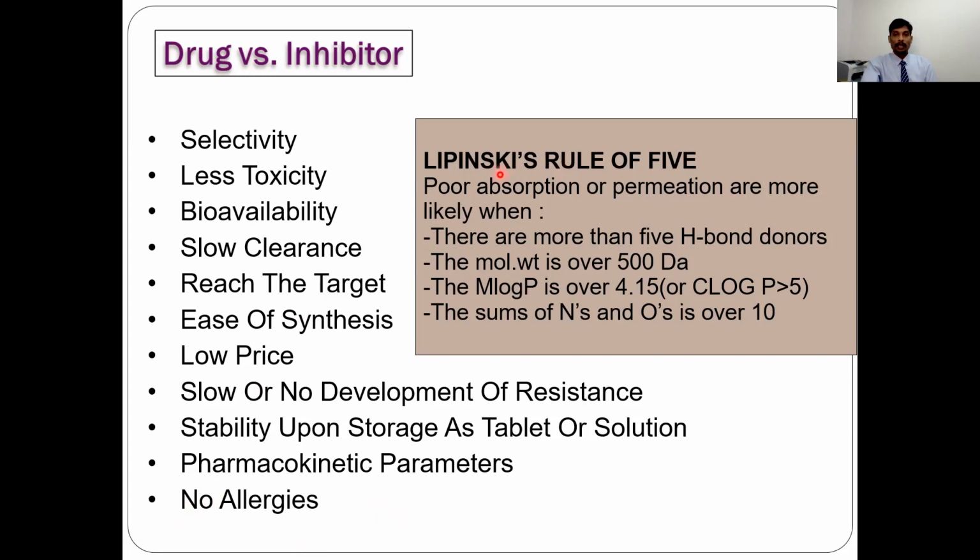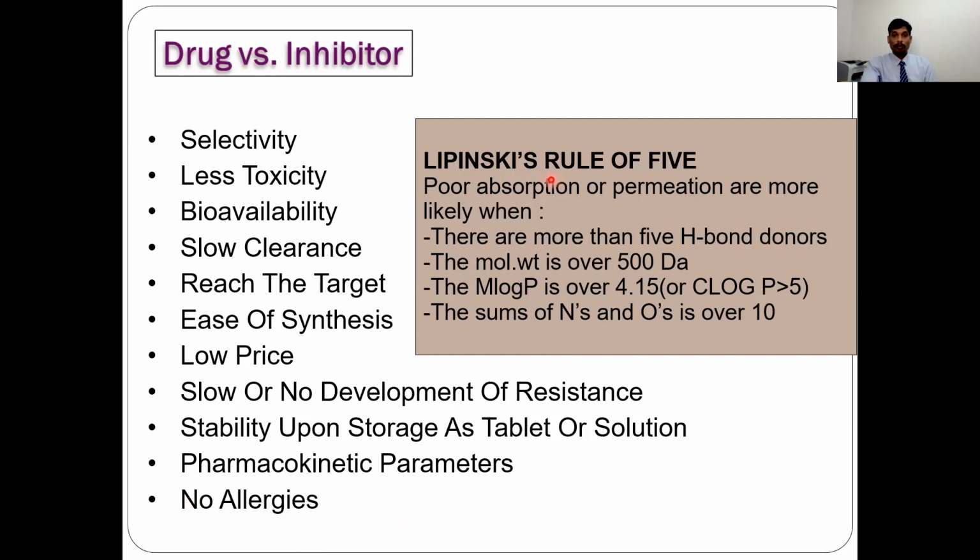So that's why Lipinski came up with a rule. It is called the Lipinski rule of 5. But we have only 4 points. The 5 means everything in the rule is related to multiples of 5. Poor absorption or permeation are more likely when there are more than 5 hydrogen bond donors.